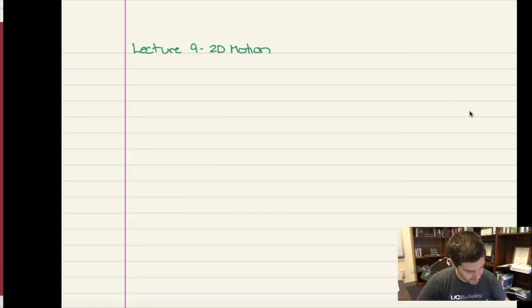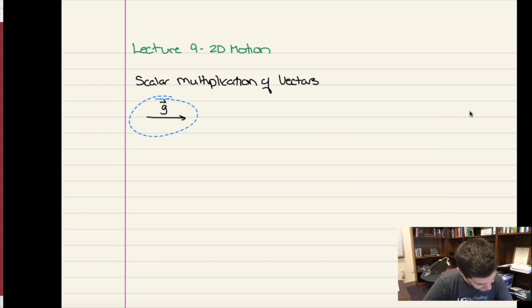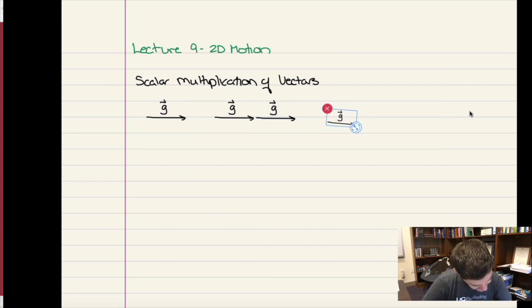But I wanted to make a quick comment about scalar multiplication of vectors, simply because I forgot whether I talked about this or not. We talked about scalar multiplication when we were looking at vectors geometrically, where I said if I have some vector g, I could make a copy of it, maybe put two right next to one another, or I could do one that's only half as big.